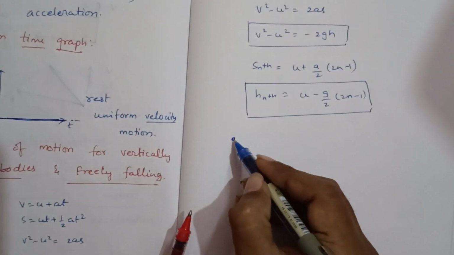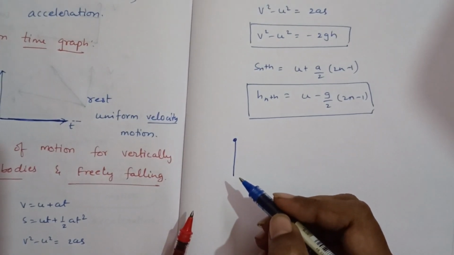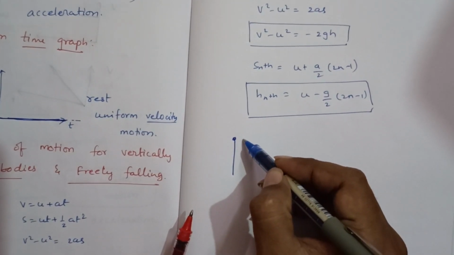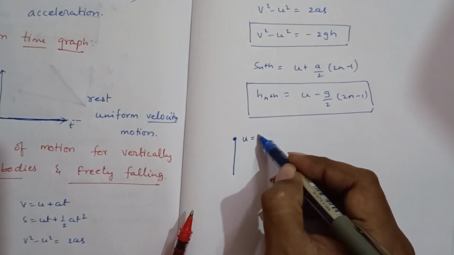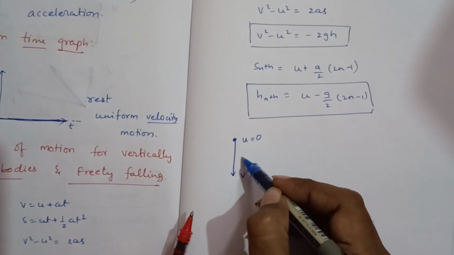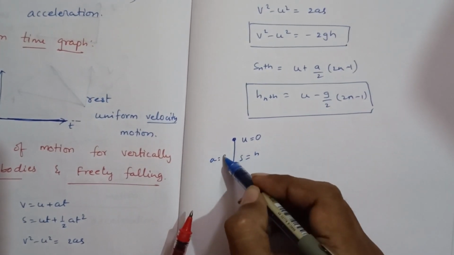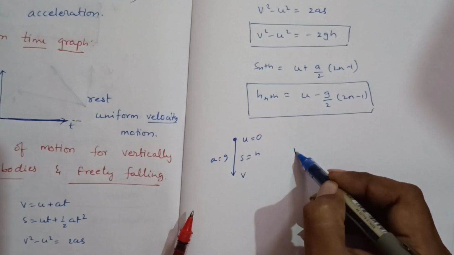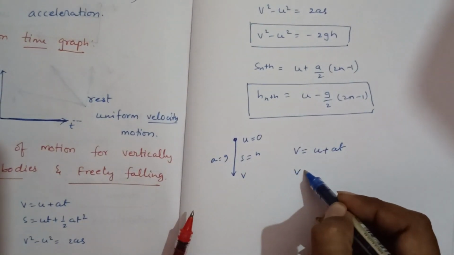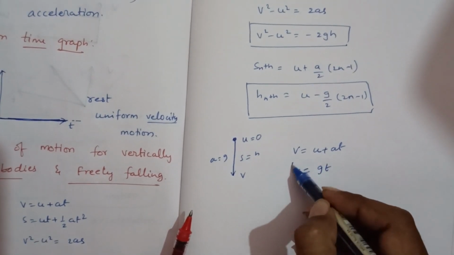Next, if a body is falling from a height under the gravitational force, we take it as a freely falling body. For a freely falling body, initial velocity is 0 and final velocity is v. Traveled distance s becomes h, and acceleration is coming down, so plus g. First equation, v equal to u plus at, can be written as v equal to 0 plus g into t.